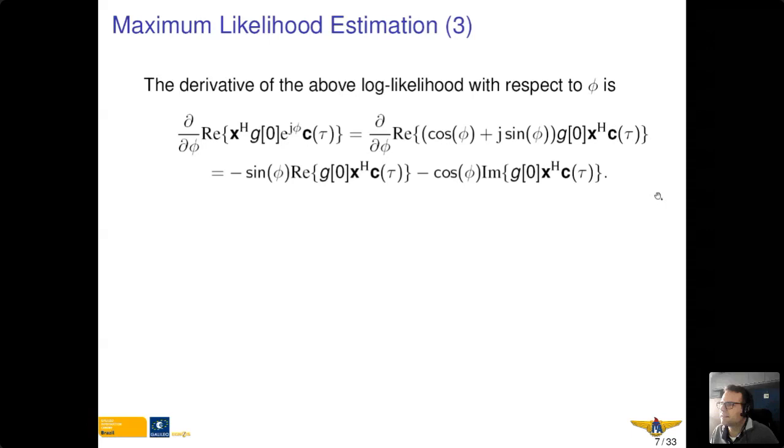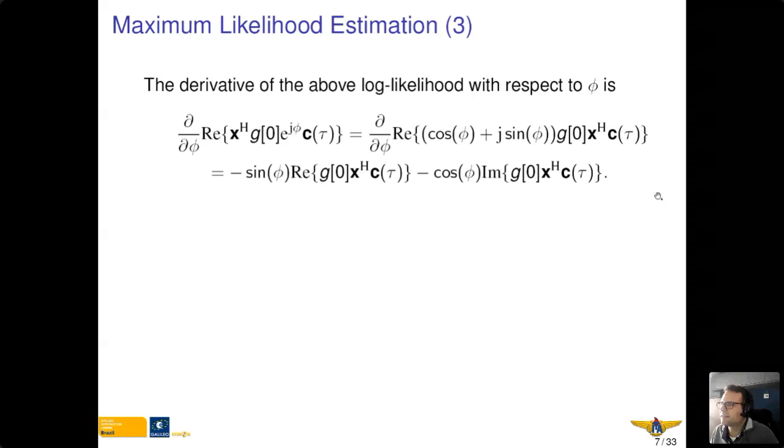So we have the real part of g0 of x Hermitian times c minus psi times the imaginary part of g0 of x Hermitian c, divided by the square root of 1 plus psi squared. Now we can plug in psi again and evaluate this.